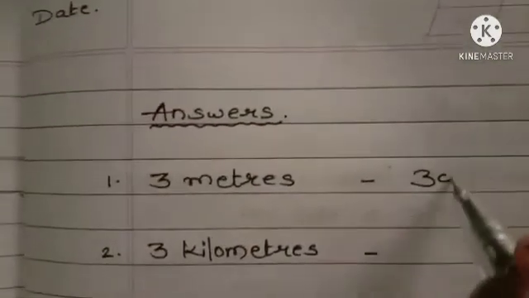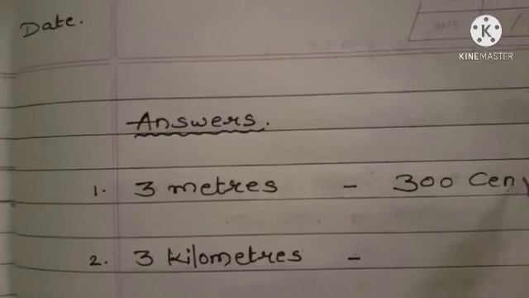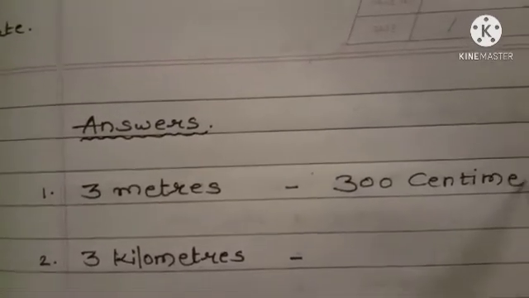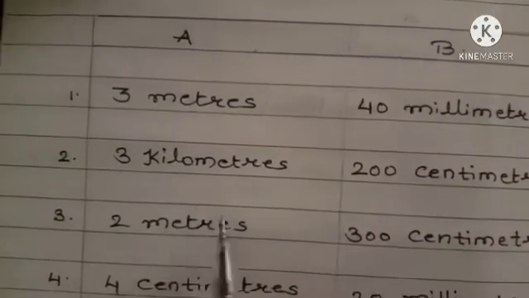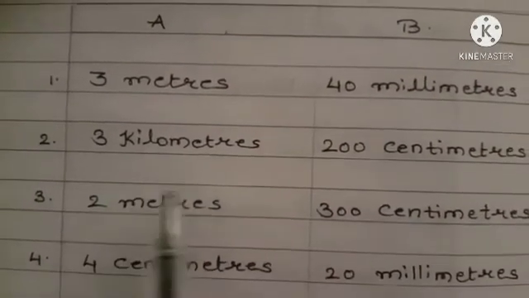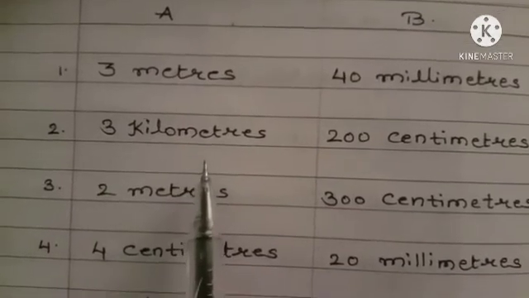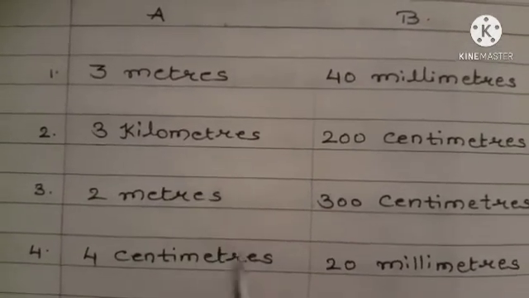So we write here 300 centimeters. Second question is 3 kilometers. So 3 kilometers means 1 kilometer is equal to 1000 meter. So 3 kilometers is equal to 3000 meters.